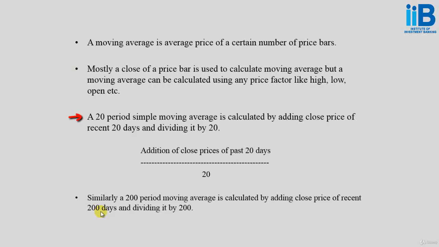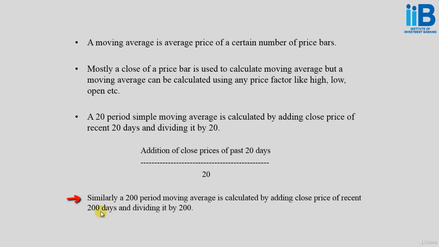A 20-period simple moving average is calculated by adding the close prices of the recent 20 bars and dividing by 20. Similarly, a 50-period moving average will be calculated by adding the close prices of the recent 50 bars and dividing by 50.